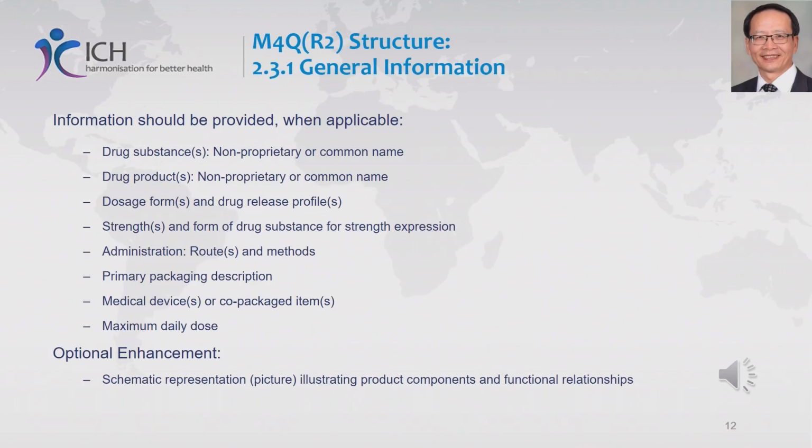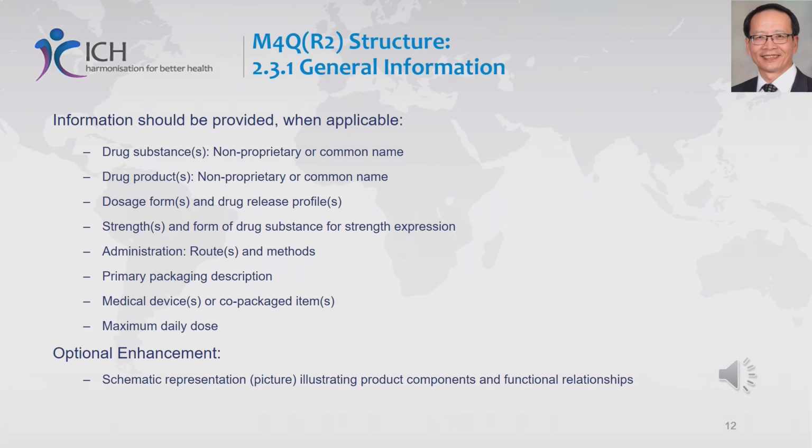So I'll walk you through each section of Module 2, and we'll talk about Module 3, of course, as well. Section 2.3.1 provides the fundamental business identification, the product identification information. The required information includes the drug substance, drug product, names, dosage form, strength, administration route, and the method, and so on.